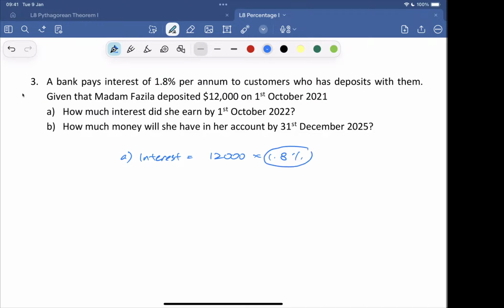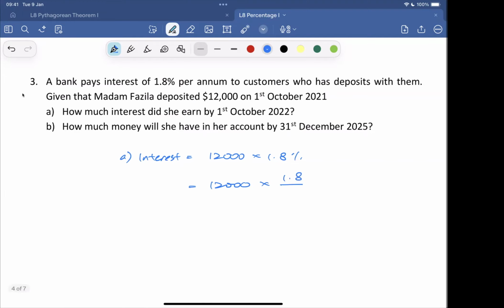So what should I do to this 1.8? Convert into a fraction. Correct. 1.8 over how much? Over 100. Correct. So what do I do to the zeros? You cut them off. Very good. So now you have 120 multiplied by 1.8.